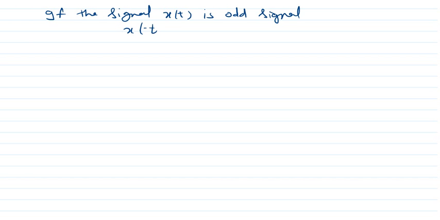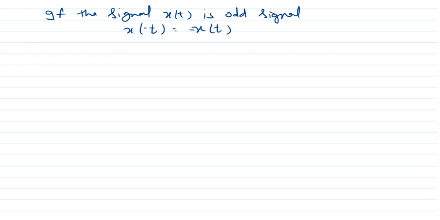Now, if x(t) is an odd signal, then we have x(-t) equal to minus of x(t).